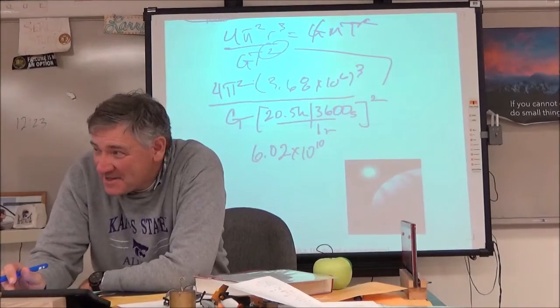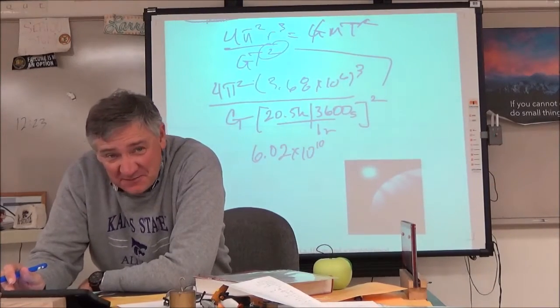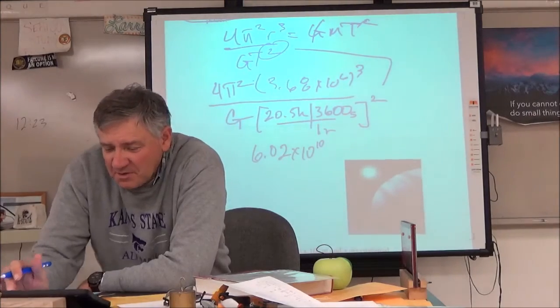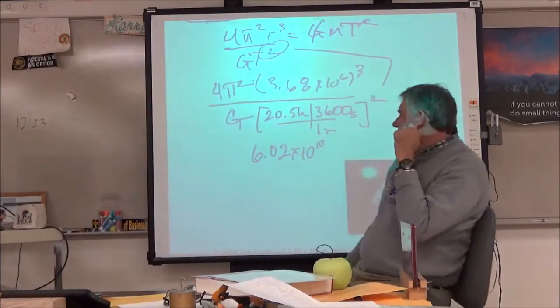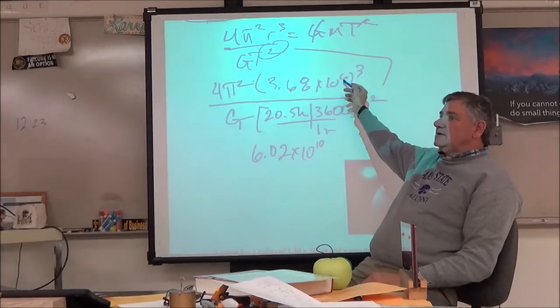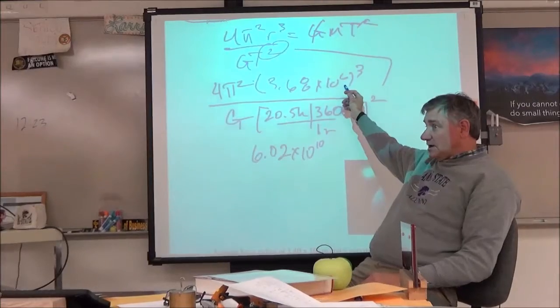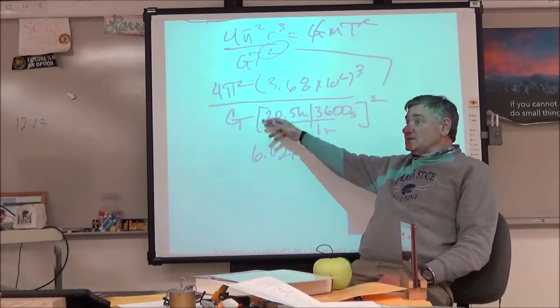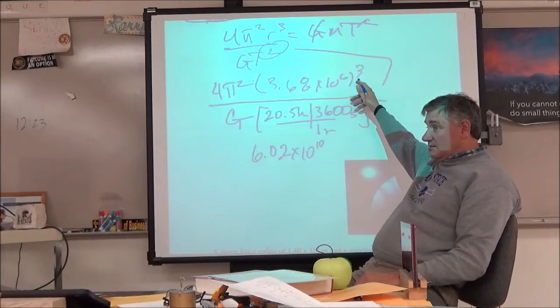Hold on. There's a little bit of difference. Let me look at this, order of magnitude. 10 to the 6th gets you 10 to the 18th, right? 10 to the 18th divided by 10 to the negative 11th gives me 10 to the 29th, okay?